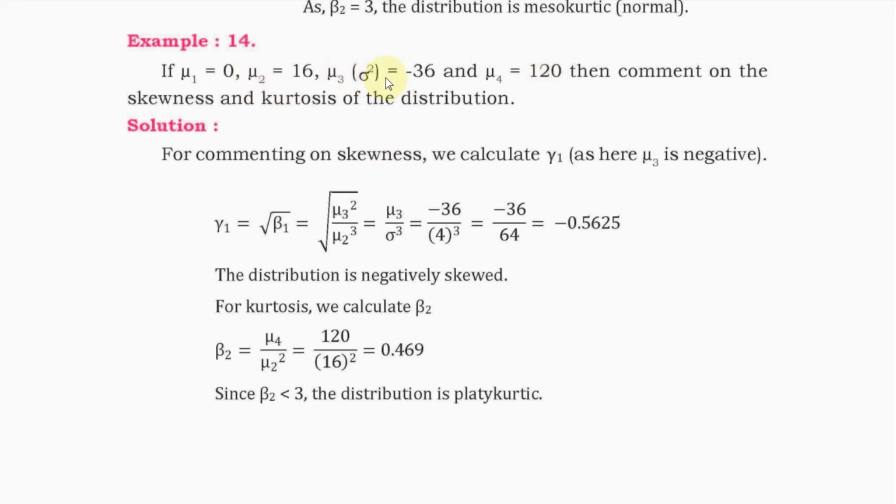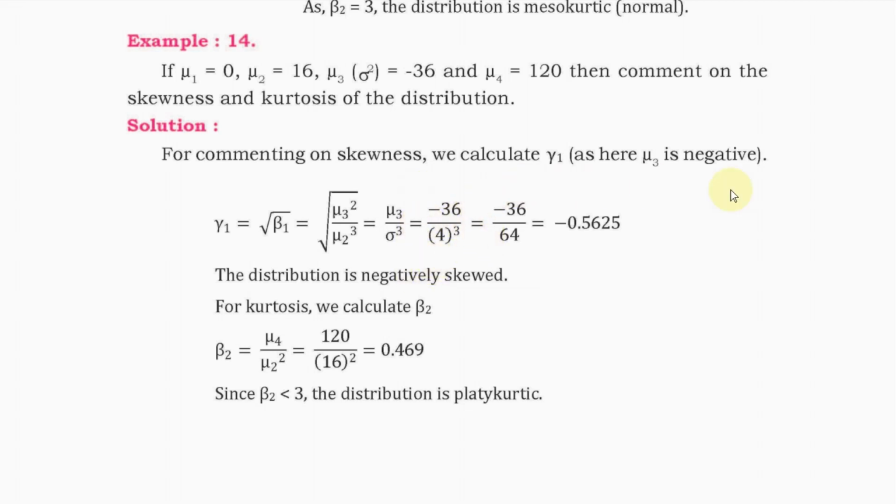Now since mu3 is a negative value, we can't use the beta 1 formula here, because the beta 1 formula is mu3 square divided by mu2 cube. Now what happens is, if we square this 36, the negative sign will be gone.